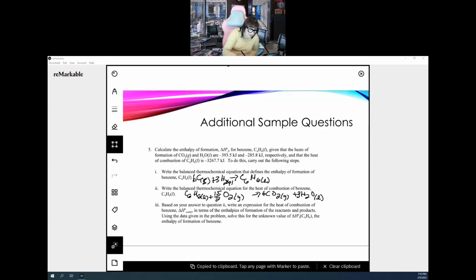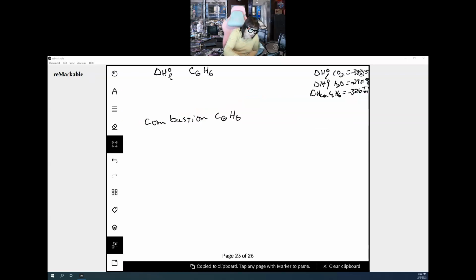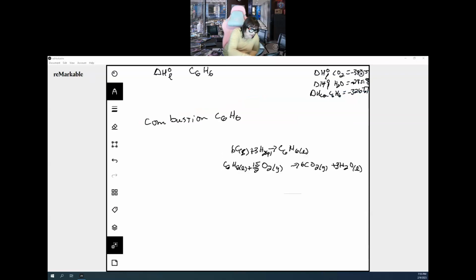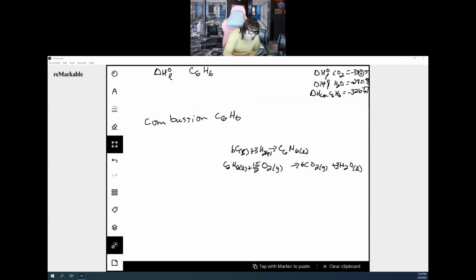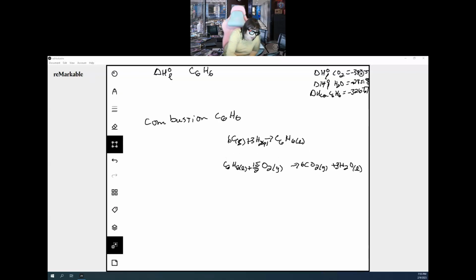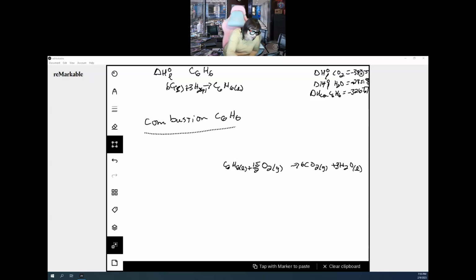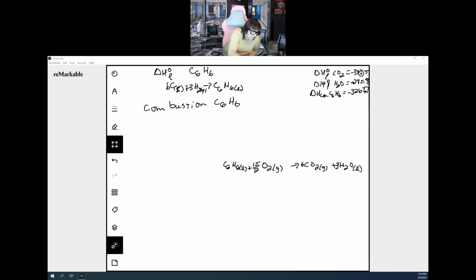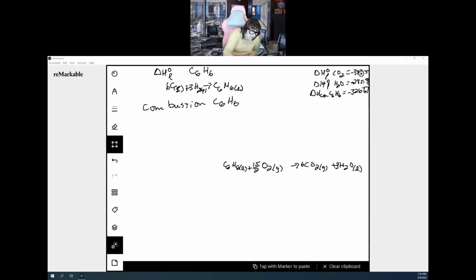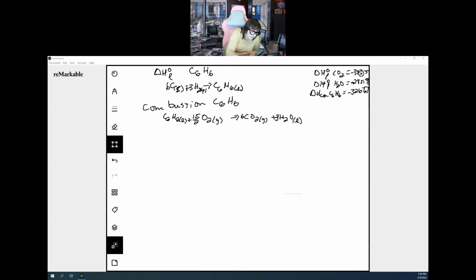I'll put the heat of formation equation right here, then move the combustion equation there. And then I have this equation right here.